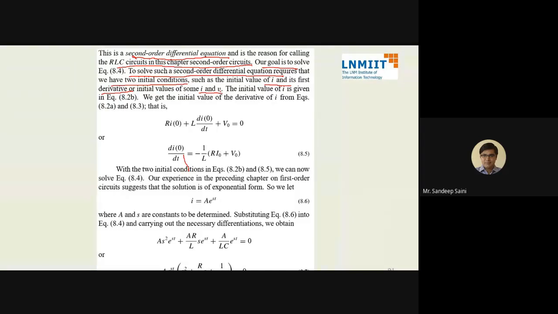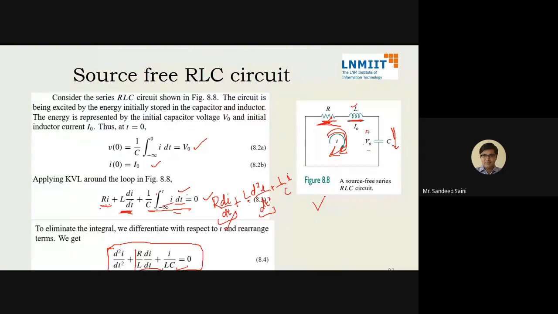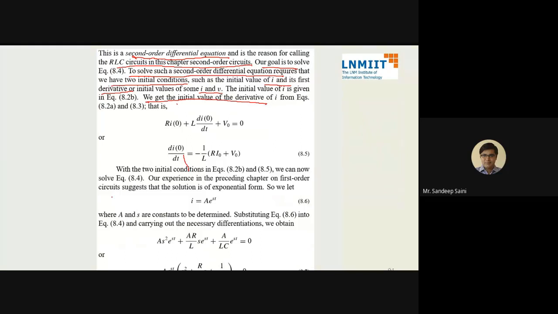Now look, when I talk about initial value calculation, I come back to this equation again, and I write it for 0 plus. That means R into I of 0 plus L di by dt plus V of 0, this is the voltage across the capacitor, equal to 0.